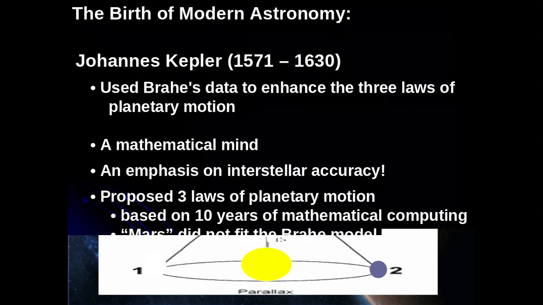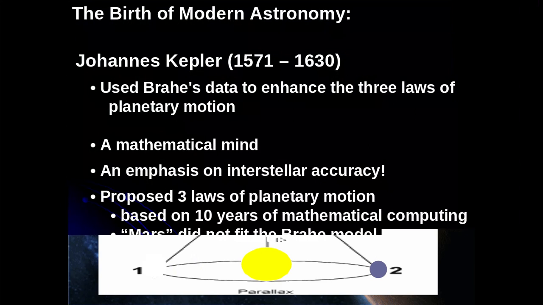And so Kepler took both Copernicus and Tycho's data. And again, Johannes Kepler was a very, very meticulous mathematician. When you say 19.2, Kepler would say 19.23456. So he was very accurate, very meticulous, had a very mathematical mind.